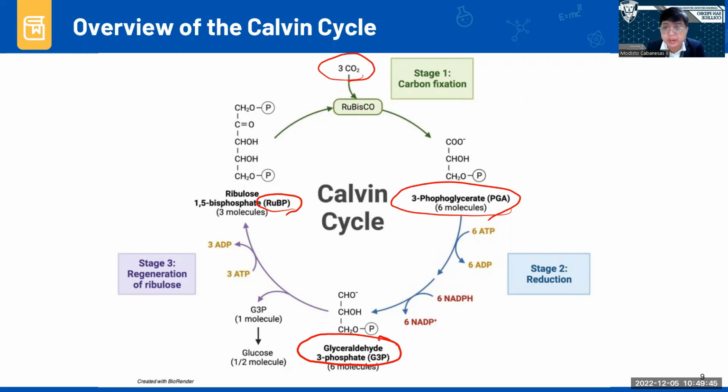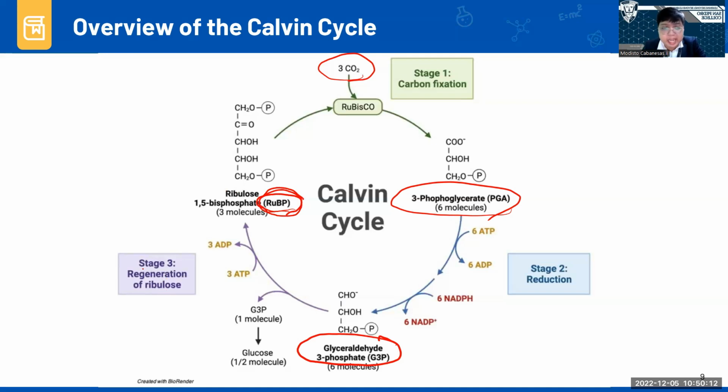Yan yung end ng stage 2. Again, stage 2, reduction phase pa lang tayo. So, stage 3 is the regeneration of ribulose. Kumbaga, sa regeneration, kailangan natin makaproduce ulit ng RUBP na molecule para yun ulit ang mag-mimit doon sa carbon dioxide for the next Calvin cycle. Okay? So, that's stage 3, regeneration of ribulose.